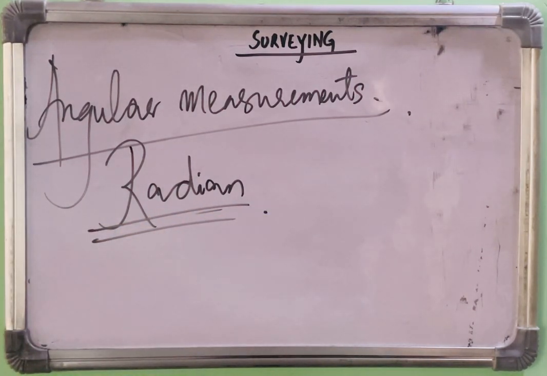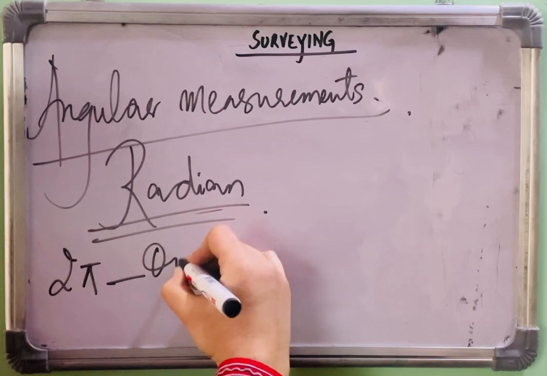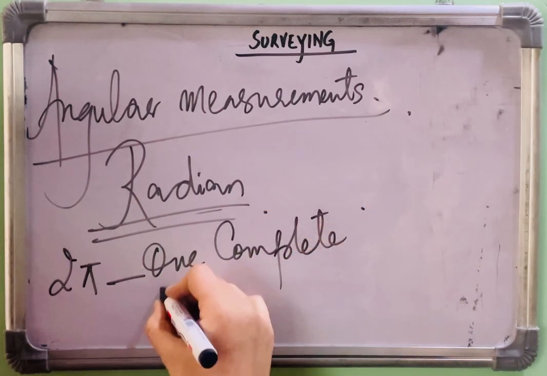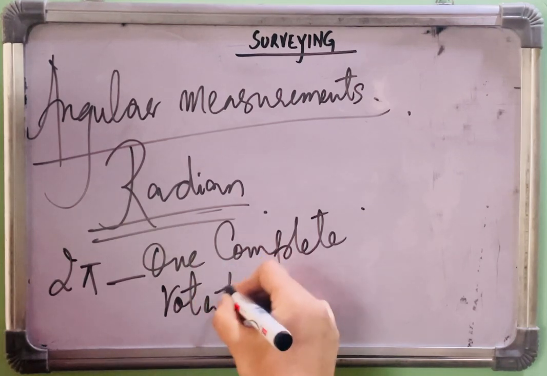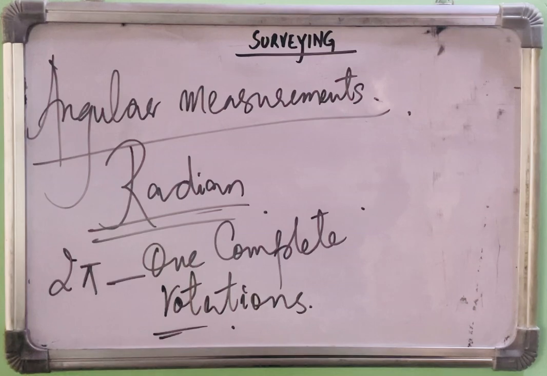And it's defined as the angle subtended at the center of a circle by an arc equal in length to its radius. And there are 2 pi radians in one complete rotation. How many radians in one complete rotation? 2 pi radians, right?